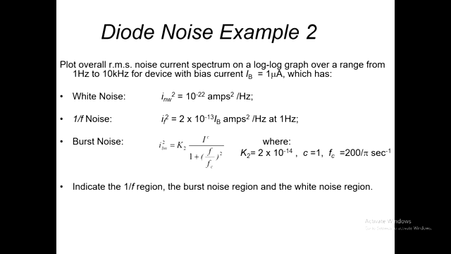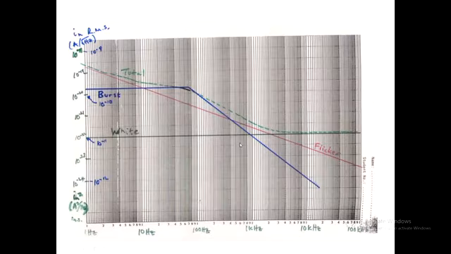This might be just a little bit, we won't bother too much with this, I'll just put it in. We're not going to worry about burst noise here, but I'll just make a flying mention of it. This is a profile that demonstrates that you can use log plots rather than frequency response transmission plots. Here it's plotting white noise from a particular diode with flicker noise and also burst noise, which has a different profile.